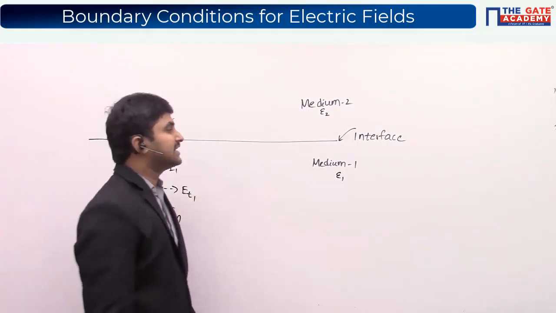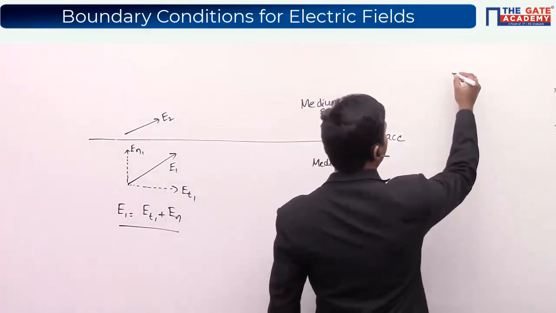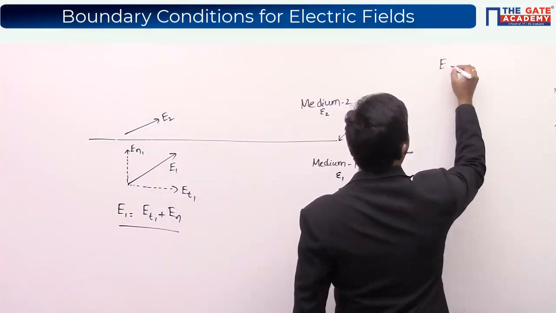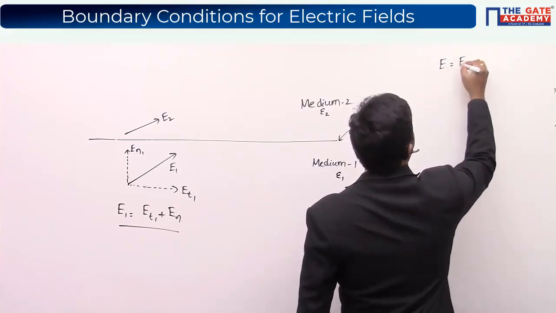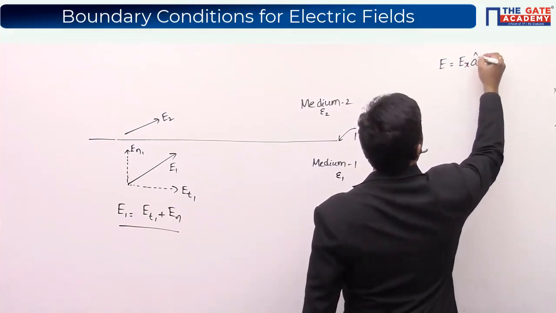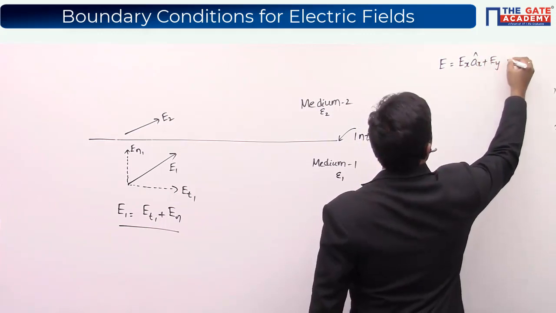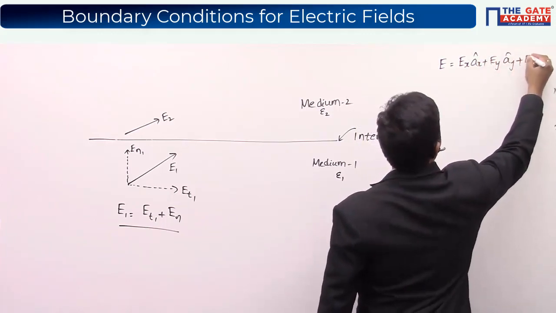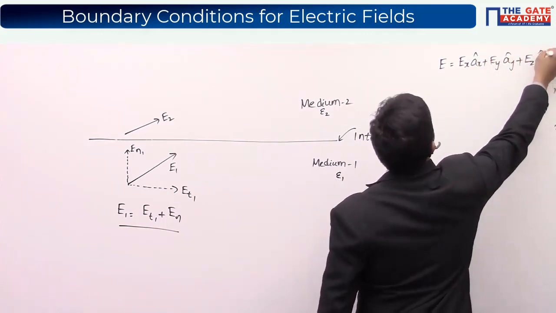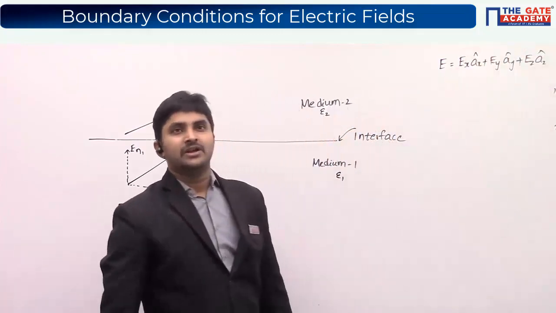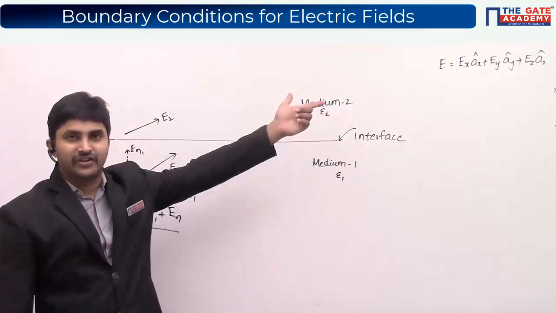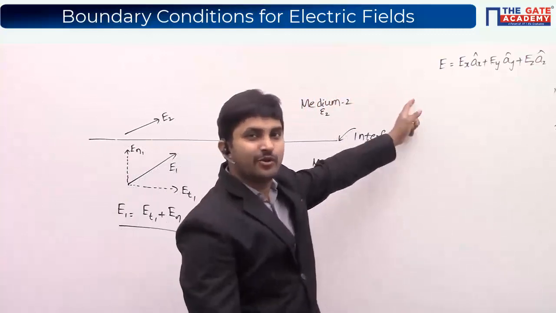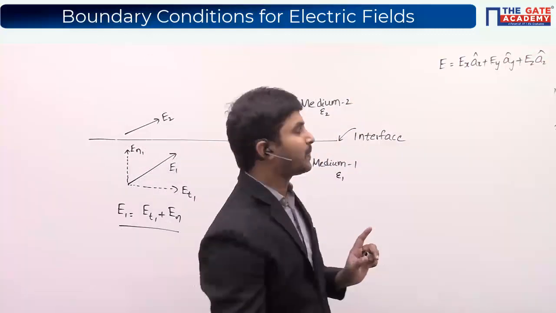Now let us consider the interface is x is equal to 0, and we have the electric field as EX AX, EY AY and EZ AZ. Don't write anything, just look at the board. Let us consider the electric field that is given to us has the x component, y component and z component.